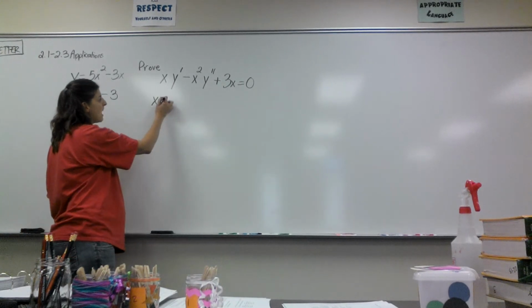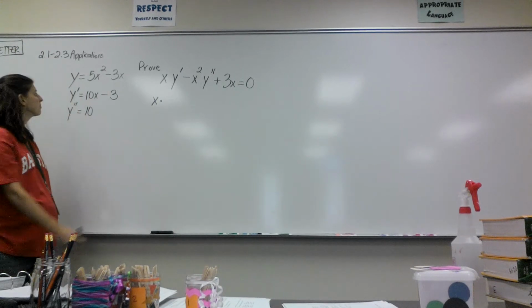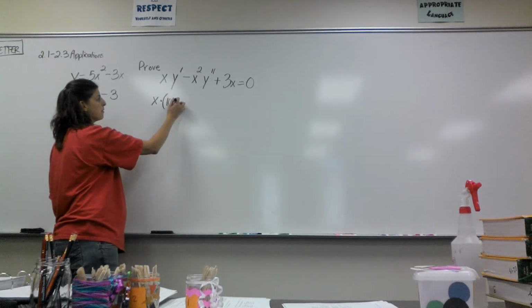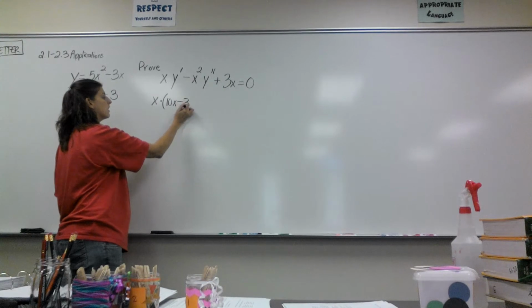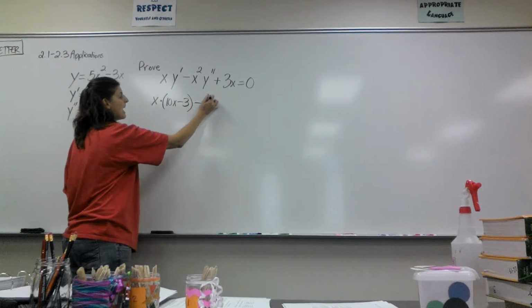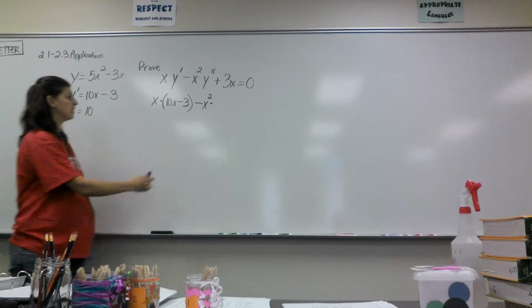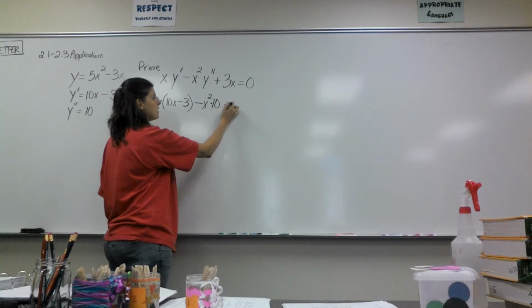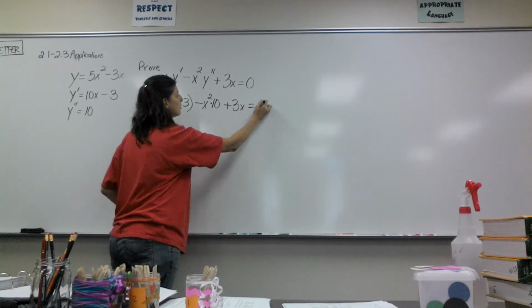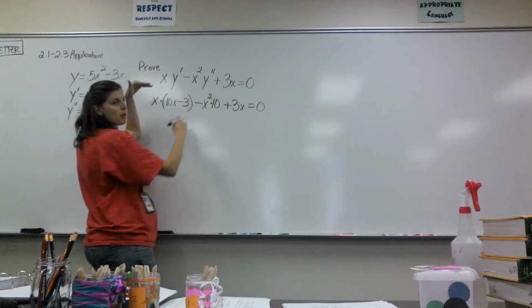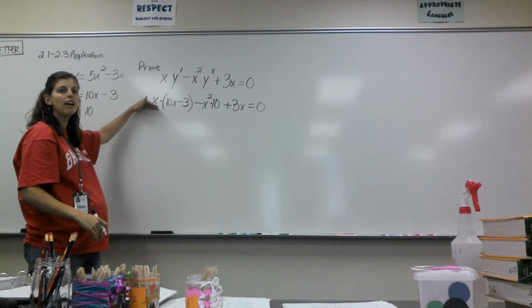So x times, what's y prime? 10x minus 3. Probably need some parentheses around that. Minus x squared times what's y double prime? 10. And then plus 3x equals 0. You have to replace the y prime and y double prime in this equation with what they are actually equal to.